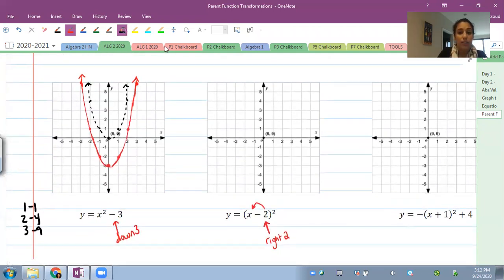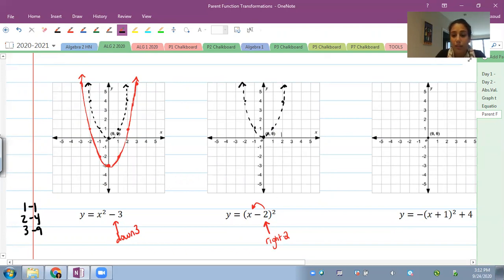So I'm going to do my parent function again. 2 and 4, reflect it. Okay, so we have right 2. So I'm going to literally take my vertex and move it to the right 2, and then I just put my points. 1, 1, 2, 4, and there's my parabola.